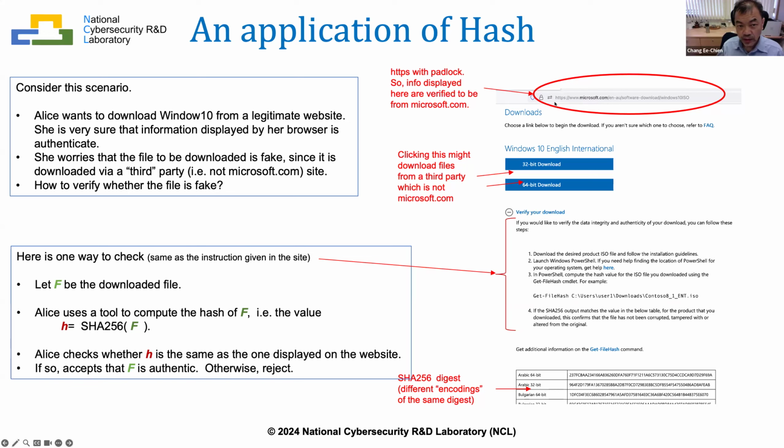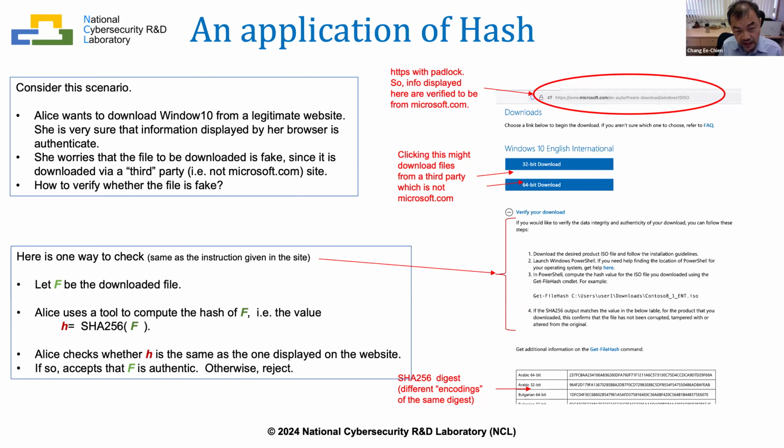From these two, the padlock and the correct domain name, Alice would be very sure that whatever is displayed here is really coming from Microsoft.com. Then over here, there is a place for her to click to download Windows 10, the 32-bit version or 64-bit version.